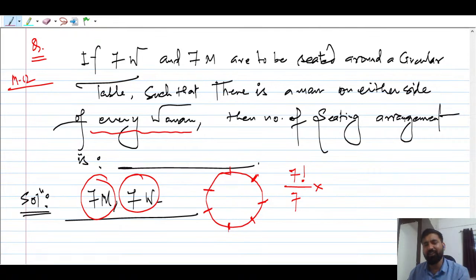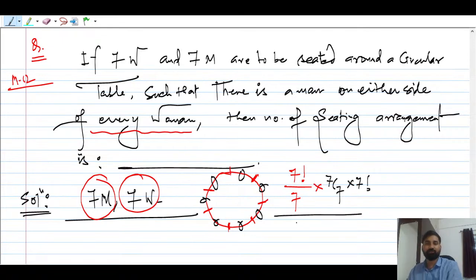Then how many gaps are there that you have to look for? So the gap method is also a powerful method. 1 2 3 4 5 6 7 gaps and 7 men are there, so 7 C 7. I hope this makes sense.